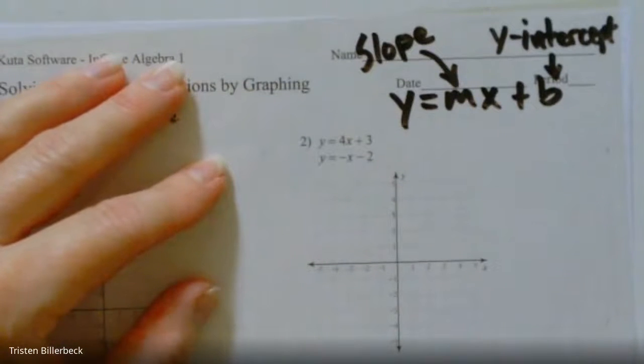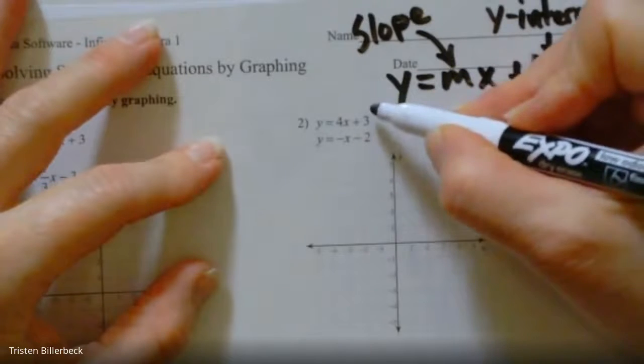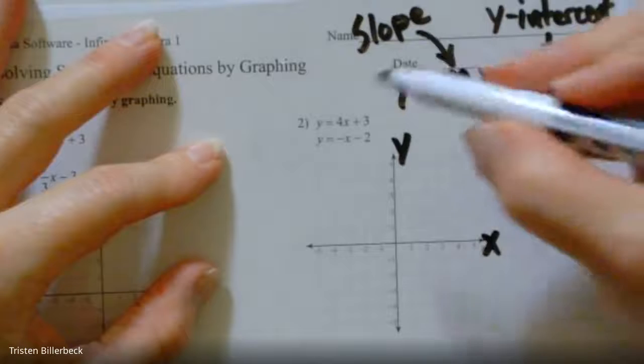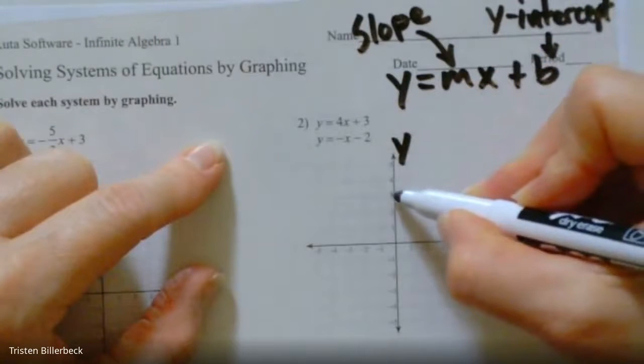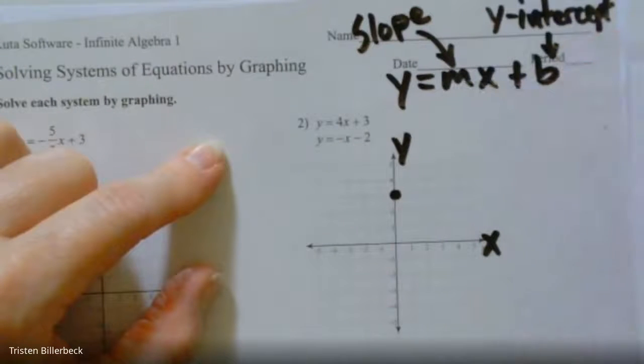Okay, so now this is showing me a y-intercept. So this is y, this is x. When I start graphing, I start with this 3, which is where the line hits the y-axis. It intercepts, like a football interception.